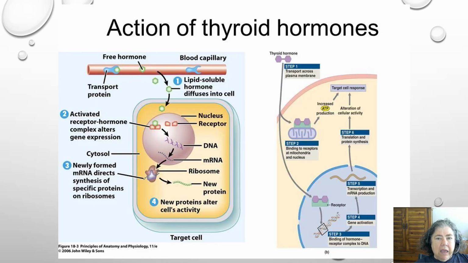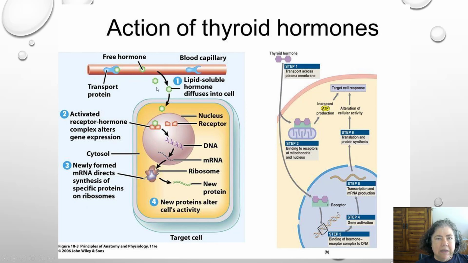result. This diagram is showing the action of thyroid hormone, including the transport proteins in the capillary that are carrying hormone, free hormone that is either traveling unbound or released from the transport protein.